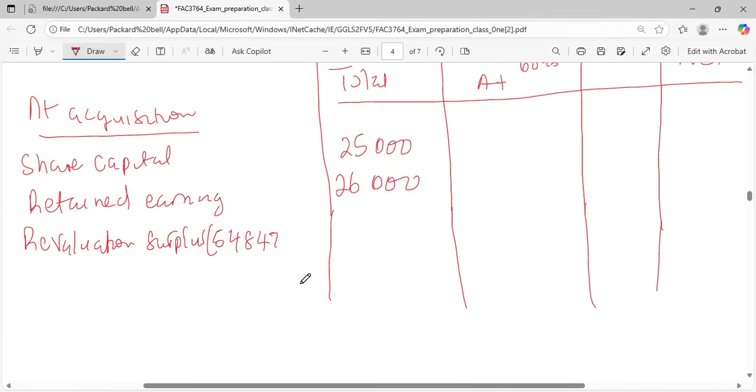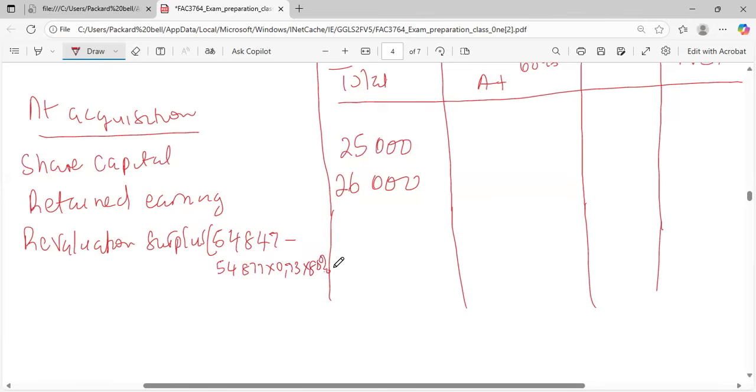We need to take into account what we are going to subtract. We need to subtract something here on the revaluation surplus. We can work it in here. We are going to subtract what? Minus 54,847 times 0.73 times 80%.